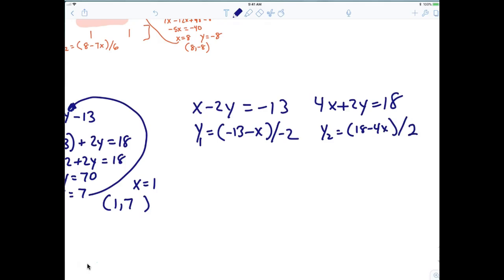How's that? Now you type that into your calculator under y1 and y2, and then calculate the point of intersection. And the point of intersection is, we already know what the answer was, because we're never wrong, right? But we're just checking, just in case someone is wrong.